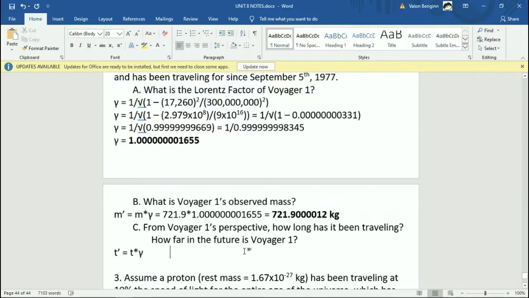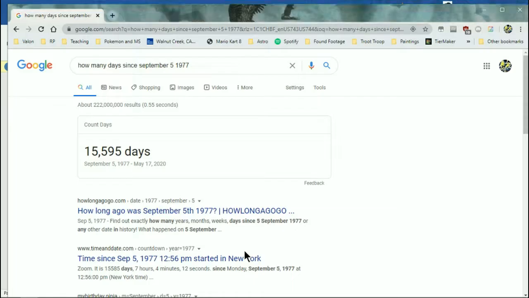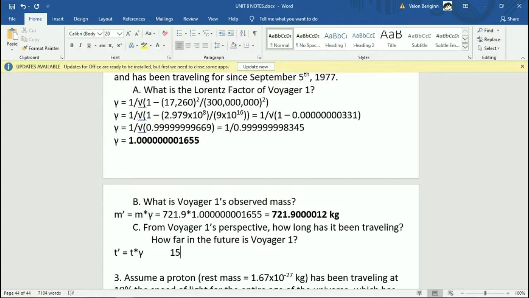So the time that we have seen, and you can keep this in days, that's fine, is 15,595 equals t times the gamma, which is 1.12345678165. So we're actually going to be dividing.